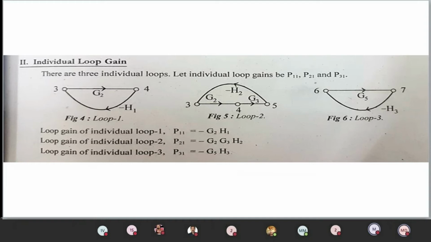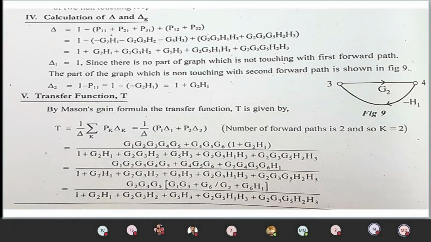And obviously, you have pairs of 2 non-touching loops, right? So 1 minus sum of individual loops plus gain of product of non-touching loops, right? So kindly understand, you have to substitute this result.